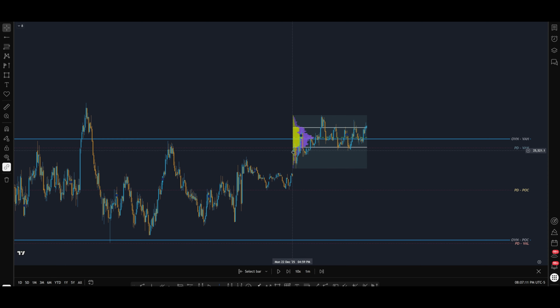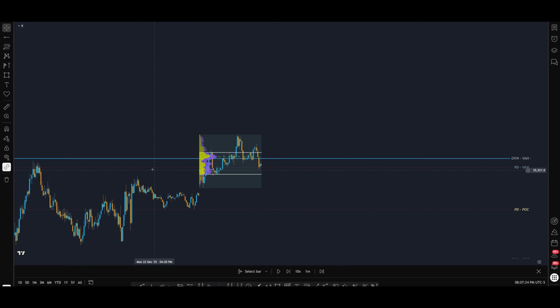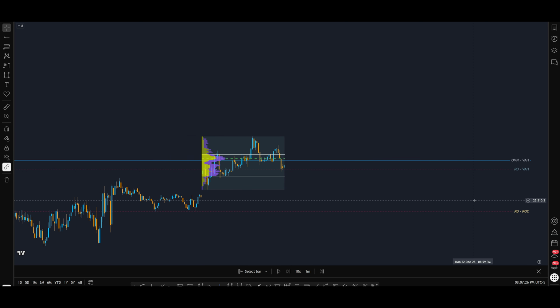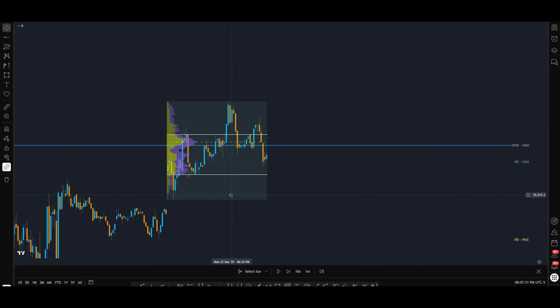So you draw the developing profile from 6 p.m. to whatever time it is that you are currently at. Let me back up a little bit here. As you can see, price has been chopping a good bit, especially when it comes to this Asia session or the overnight session.